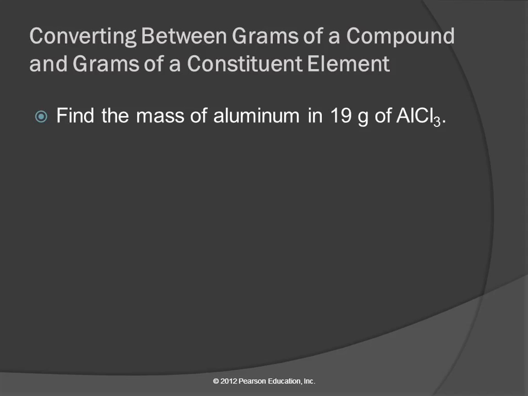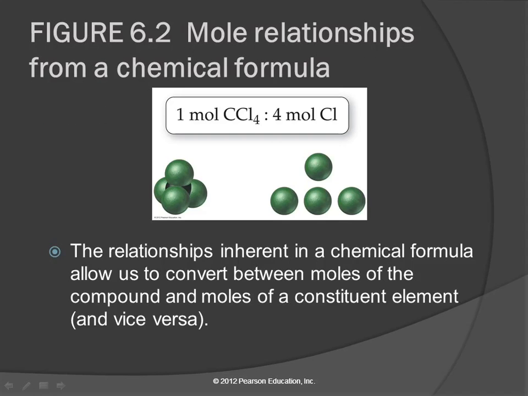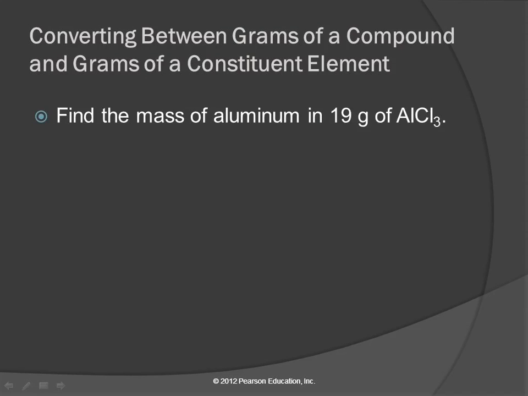Find the mass of aluminum in 19 grams of aluminum chloride. 19 grams. We want mass of aluminum.